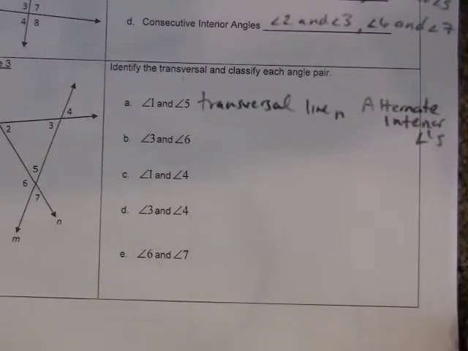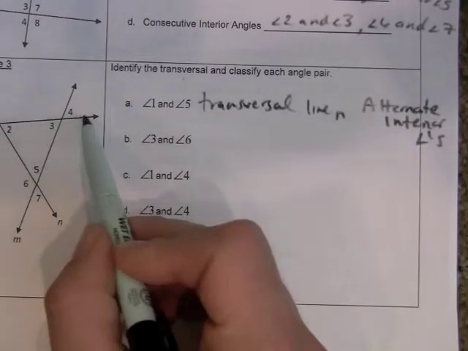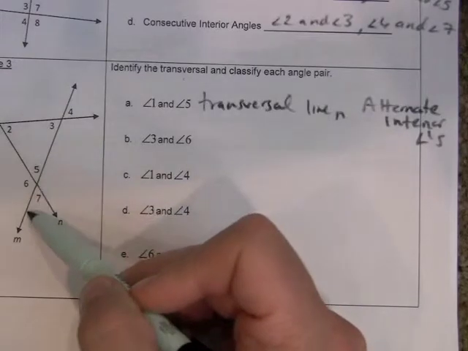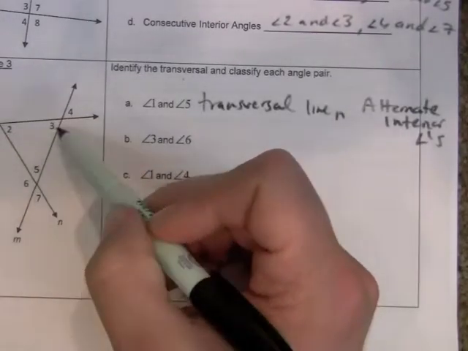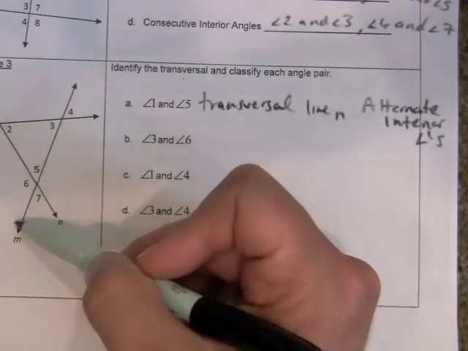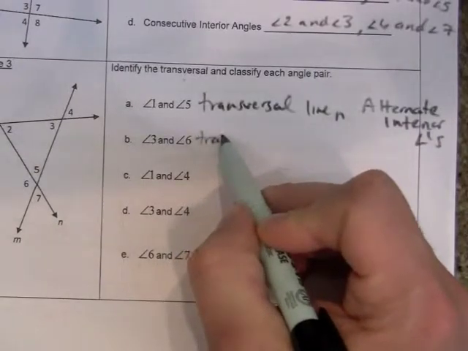Next one, angle 3 and angle 6. Angle 3 is on this line, and angle 6 is on this line, and the one that goes through both angle 3 and 6 is line M. That has to be your transversal.